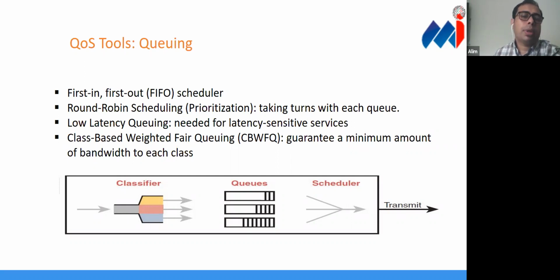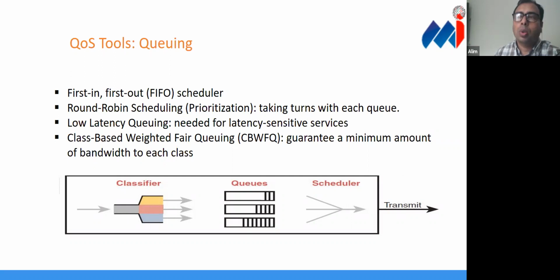But you can use different scheduling, such as round robin scheduling, prioritization, and taking turns with each queue. So there are different queues, say a voice queue, a data queue, and a video queue. In that case, you can set some prioritization. Normally, round robin means it will just take turns with each queue one by one.